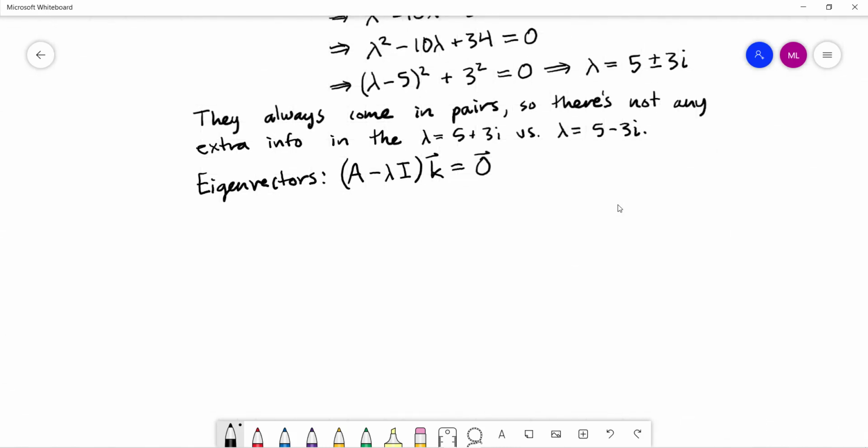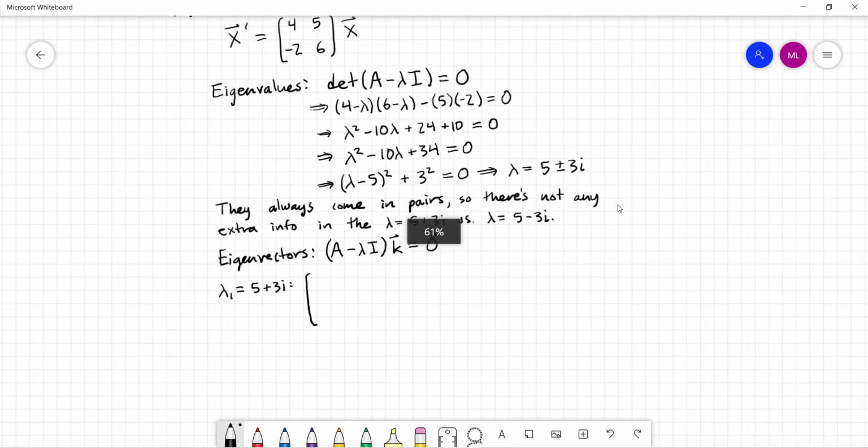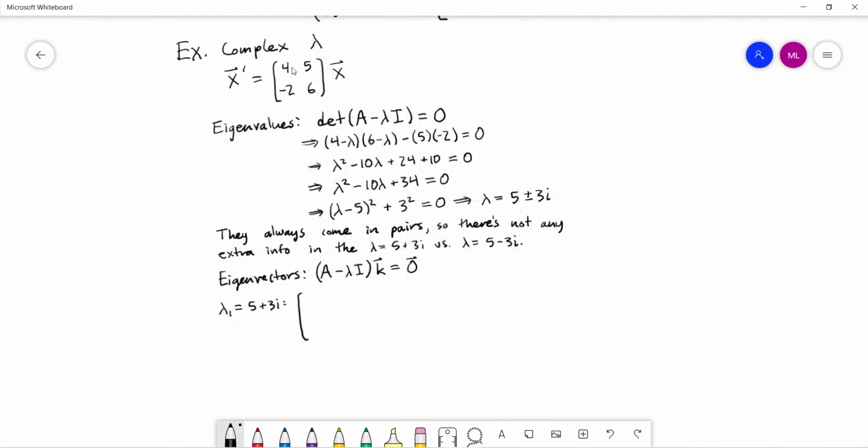So if I did, for example, lambda 1, the first one, 5 plus 3i, what we'd get is that our matrix A minus lambda I would be 4 minus (5 plus 3i), then a 5, a negative 2, and a 6 minus (5 plus 3i), times the two components of our eigenvector, equal to 0, 0.